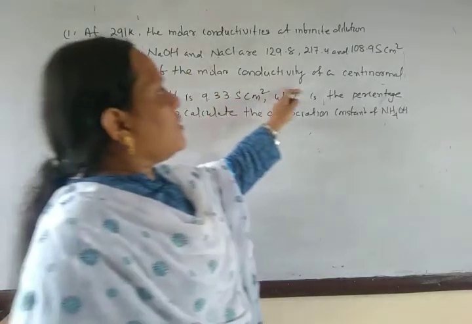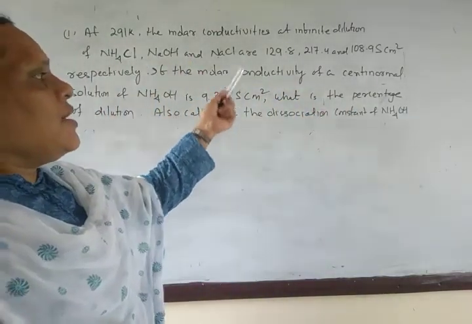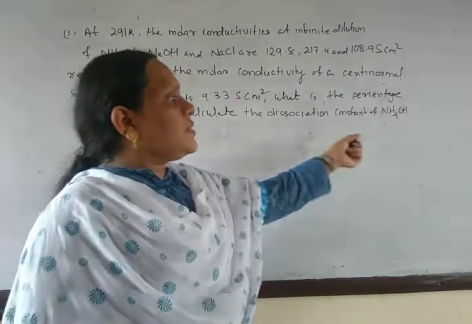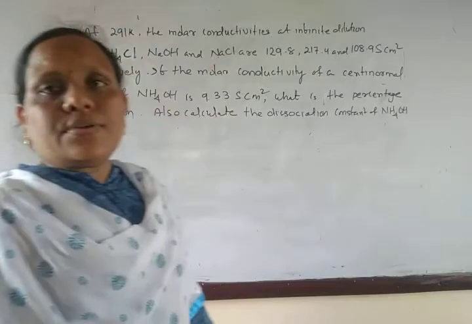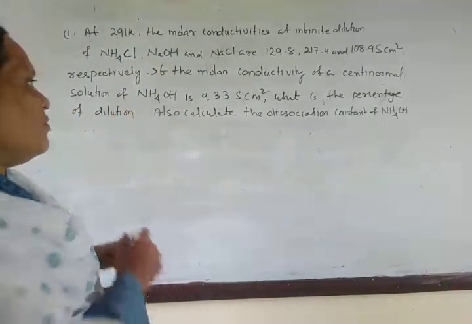If the molar conductivity of a centinormal solution of ammonium hydroxide is this much, what is the percentage of dissociation? Also calculate the dissociation constant of NH4OH. So this question carries actually three questions.